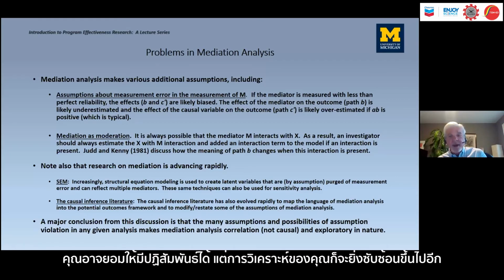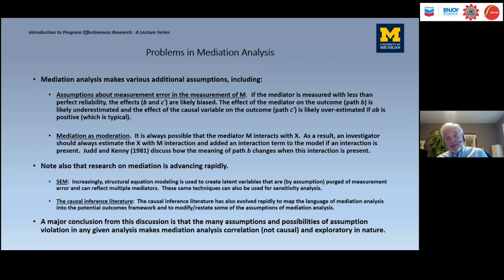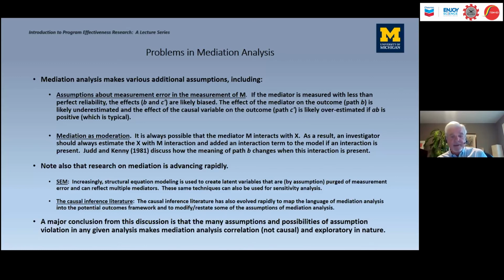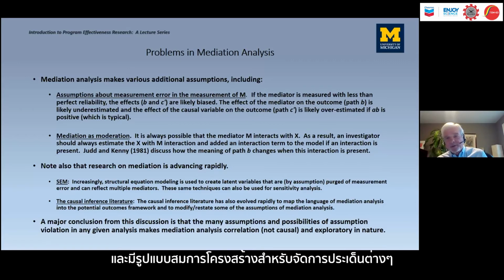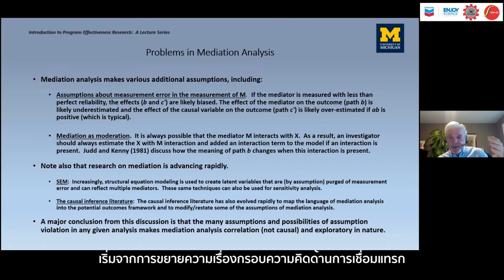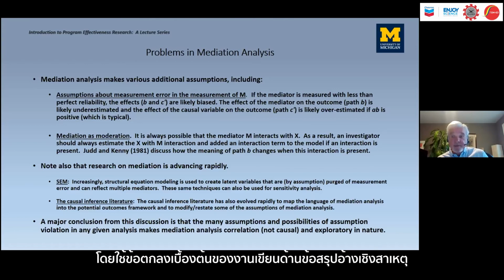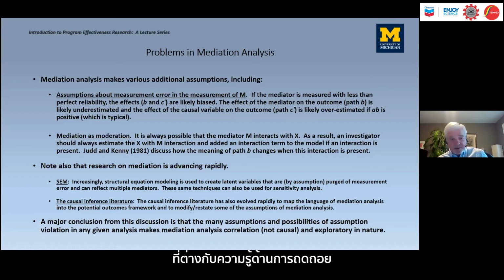You can allow for interactions, and now, your analysis is even more complex. You should note that the research on these mediation effect analyses is advancing quite rapidly. And, there are structural equation models for handling the measurement error issues that are involved here, and the causal inference literature is beginning to elaborate this mediation framework using the assumptions of the causal inference literature as opposed to the regression literature.